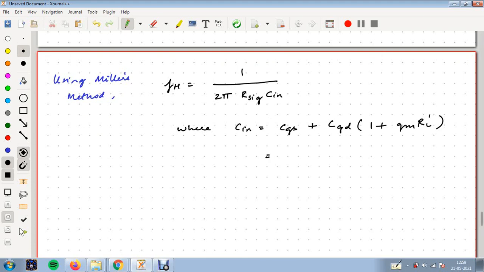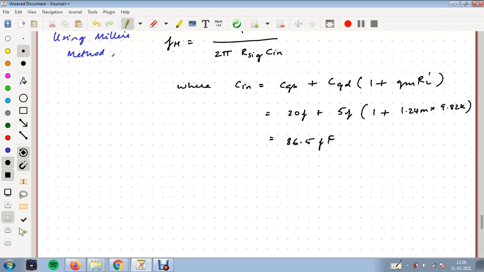From this, I can find out Cin. CGS is 20 femtofarads. CGD was 5 femtofarads, into 1 plus GM, which is 1.24 milli, RL prime is 9.82 kilo. From this you can find Cin as 86.5 femtofarads.